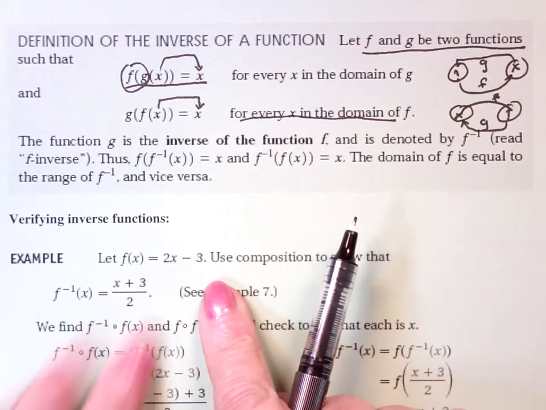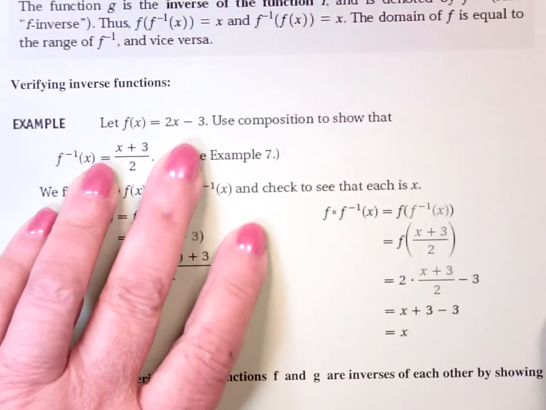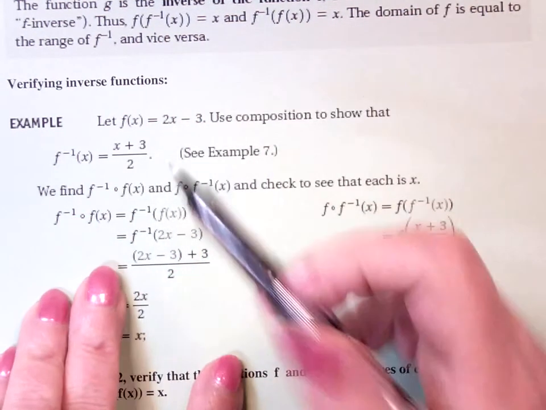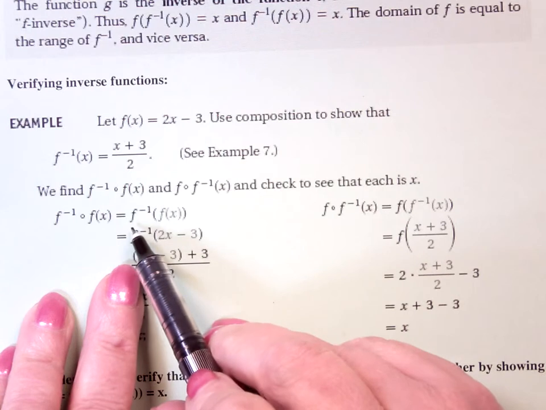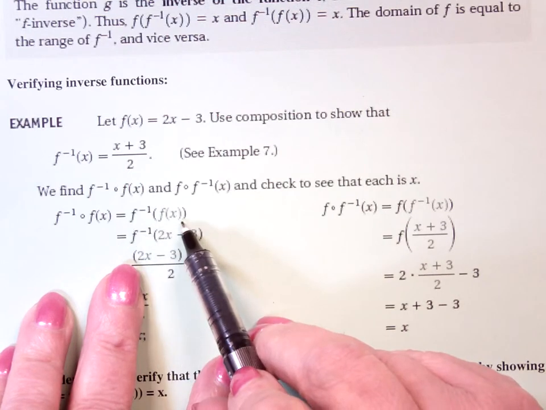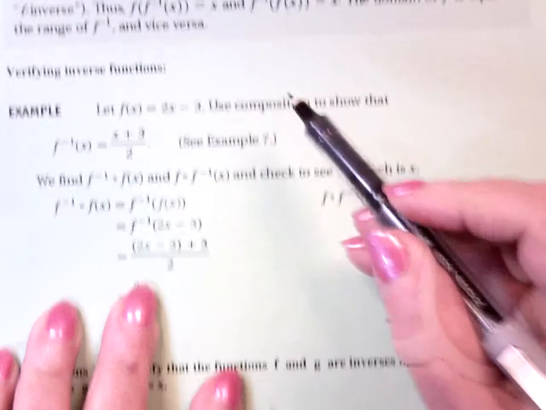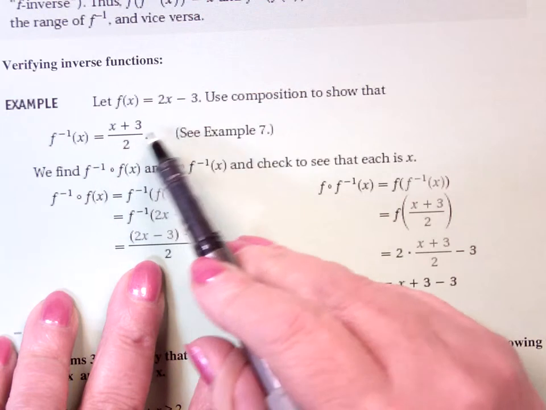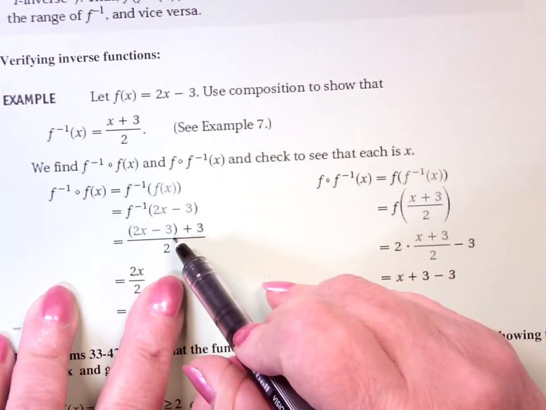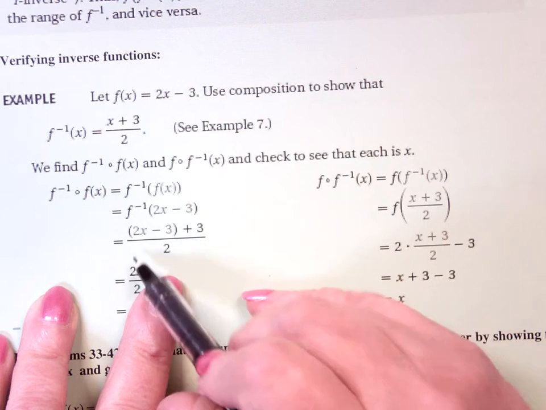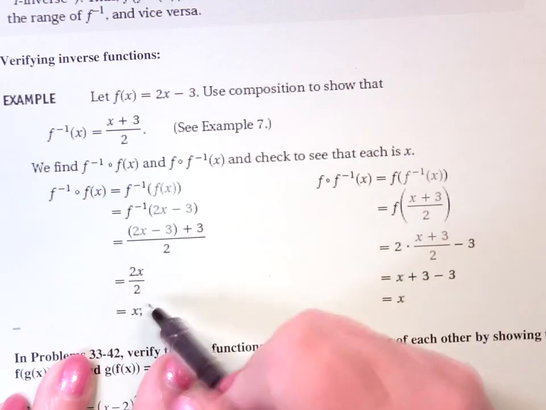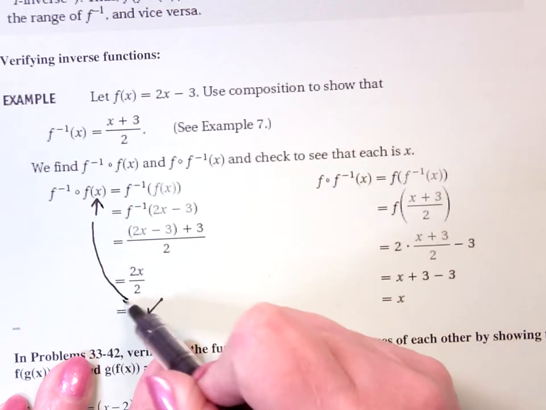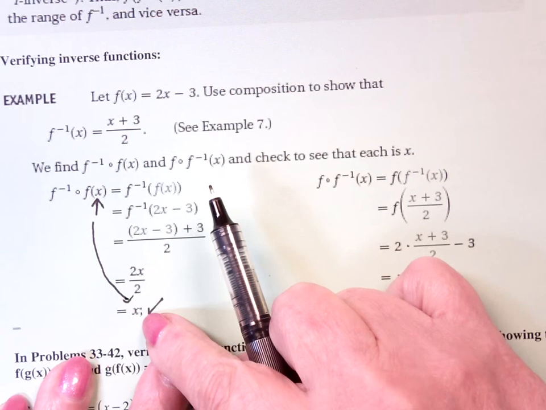So if I take a look where f of x is 2x minus 3, and f inverse is x plus 3 over 2, if I compose f inverse and f, so f is the inside, f inverse is the outside, so that says in the inverse function, which is x plus 3 over 2, I'm going to insert the original function, which is f of x, which is 2x minus 3. When I simplify, I end up at the value where I started out. So I started at x, I ended up at x.